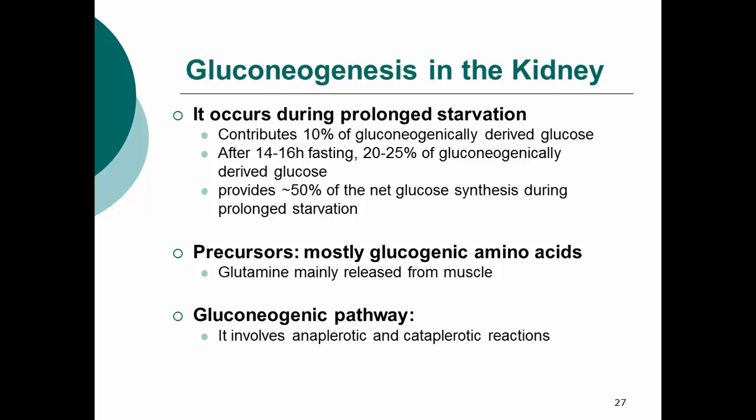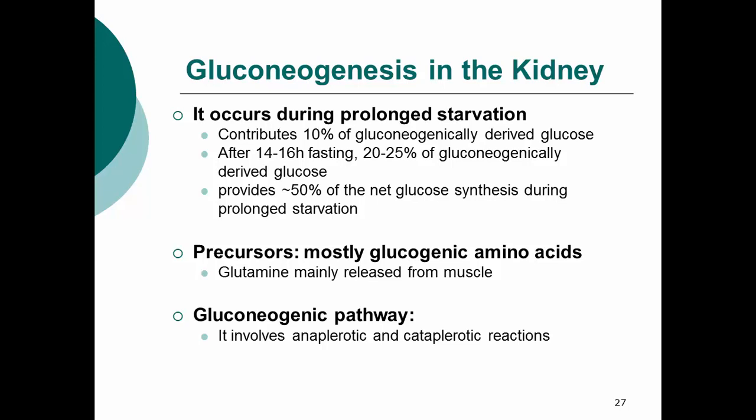And the precursors are mostly glucogenic amino acids, right? So the kidney mostly utilizes amino acids as precursors for gluconeogenesis, which is different from the liver. The liver can utilize lactate, alanine, and glycerol as precursors, right?